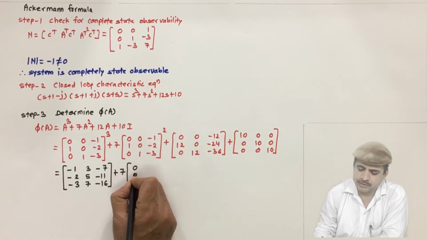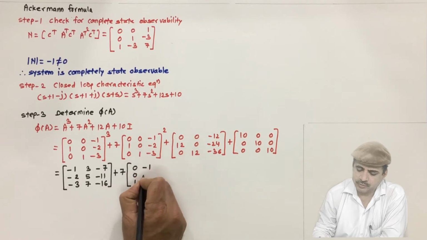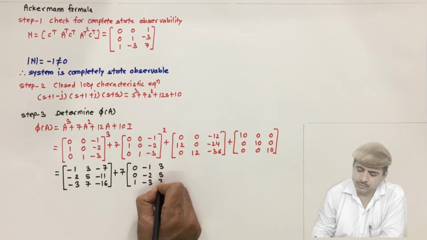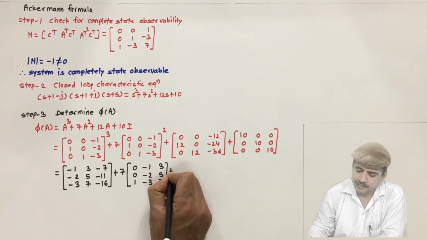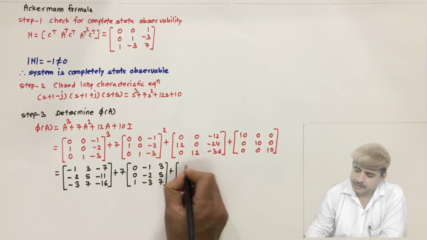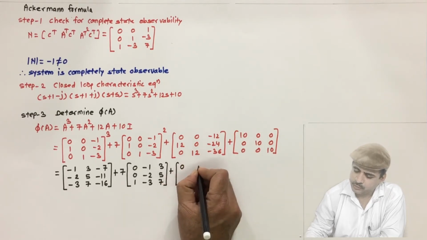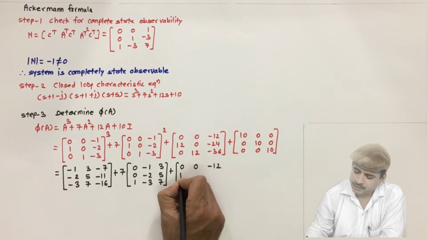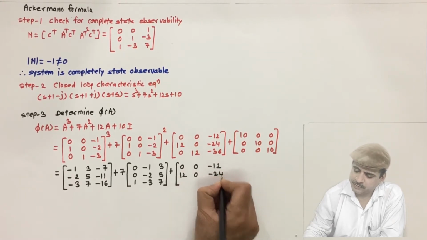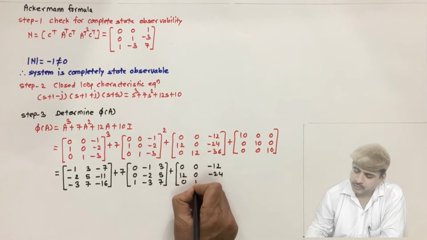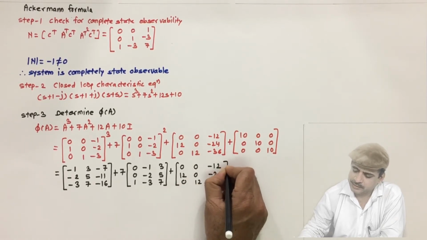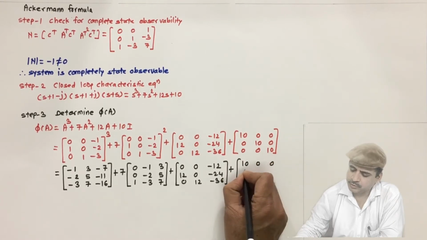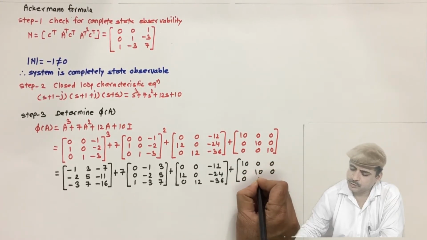It's 0 0 1, minus 1 minus 2 minus 3, 3 5 7, and plus 12A, which is 12 0 minus 24, 0 12 minus 36, plus 10 0 0, 0 10 0, 0 0 10.